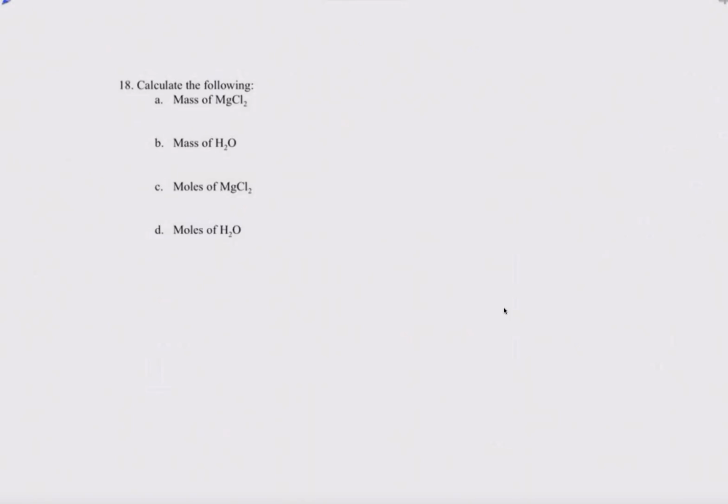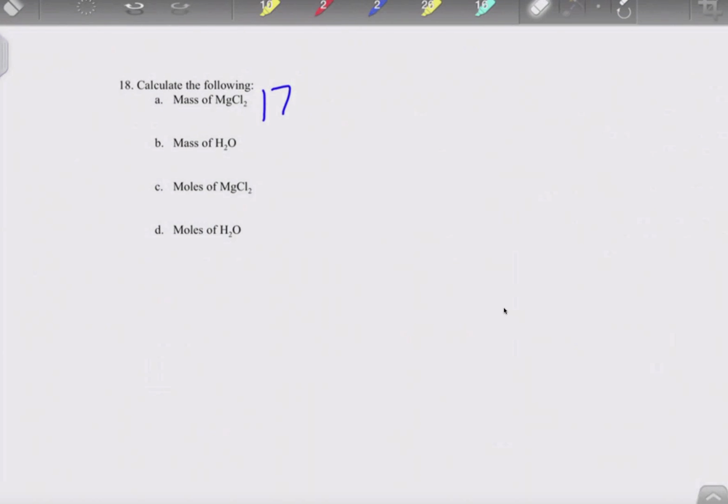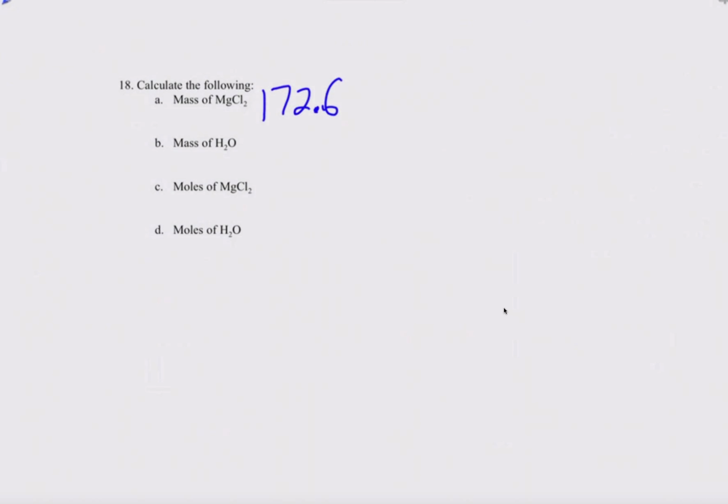So the mass of the magnesium chloride is the difference, 172.6, the mass of the dry beaker with the salt in it, minus the mass of the empty beaker, which was 142.4, means that the salt had a mass of 30.2 grams.